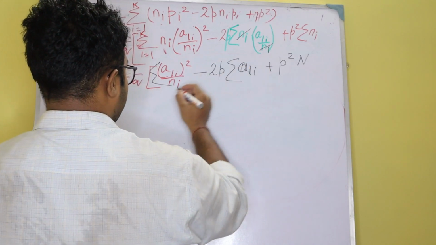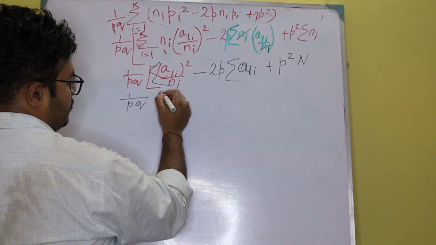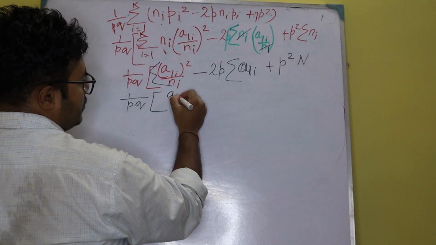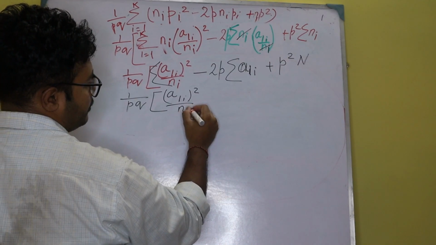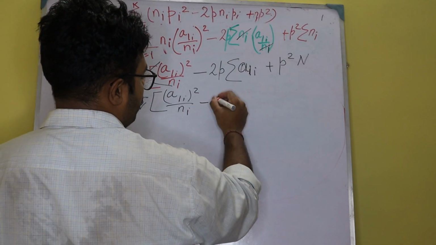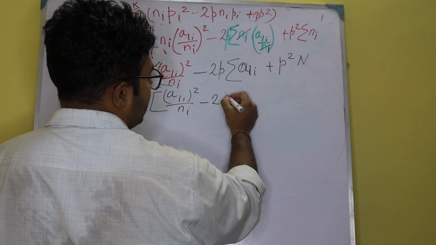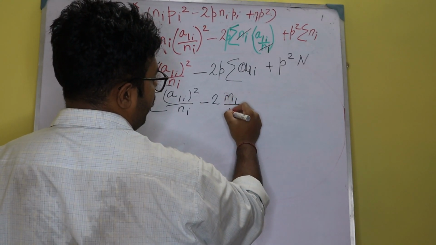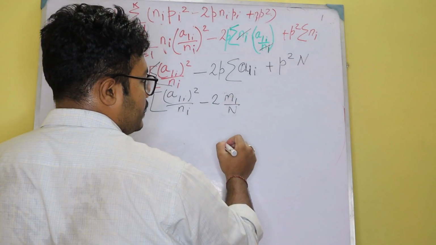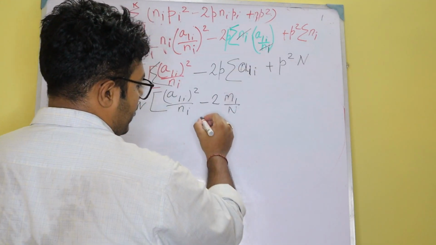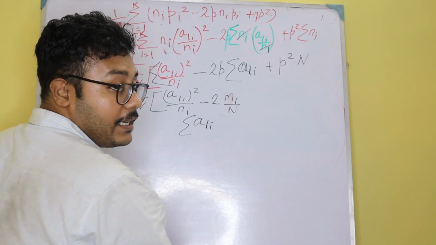Now, if we go further down, keeping this expression as it is, minus 2p. Now p can also be written as m1 by n. I have shown you before how I am getting this m1, and summation of a1i, what does it mean?